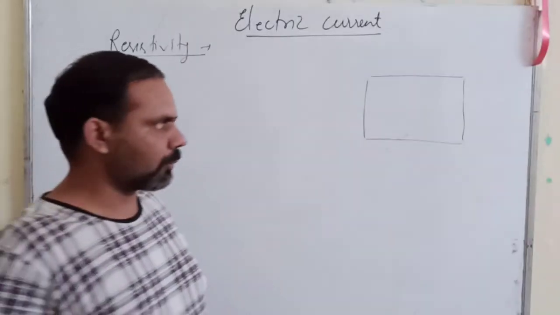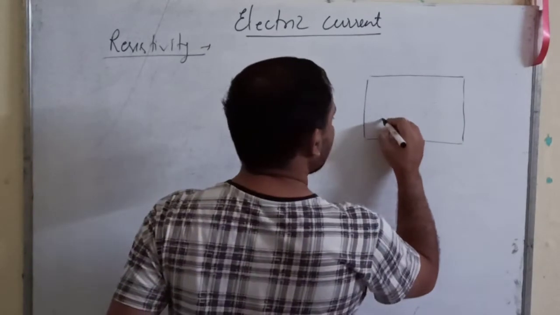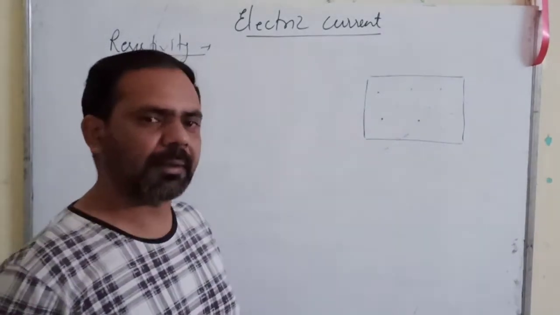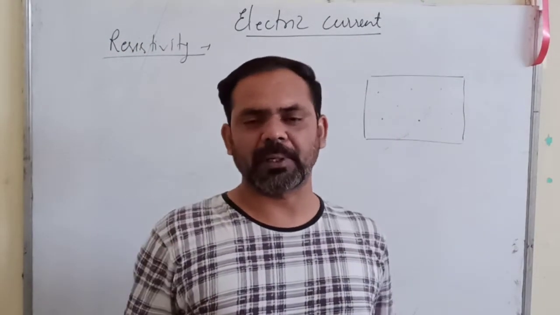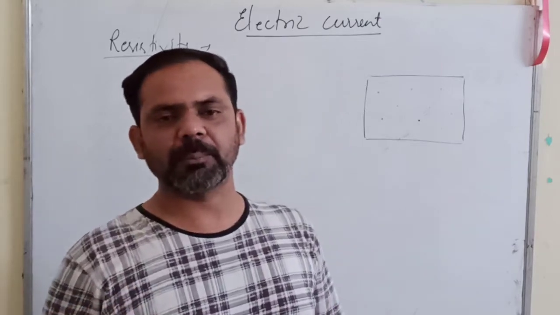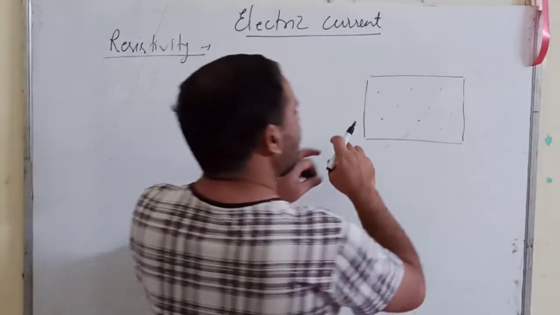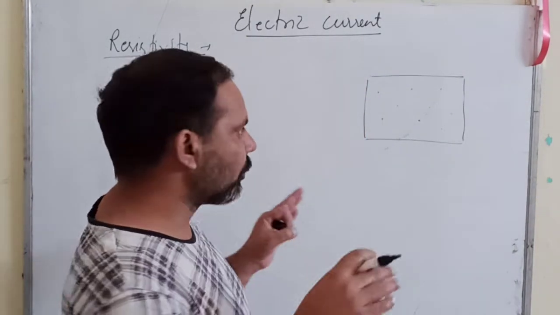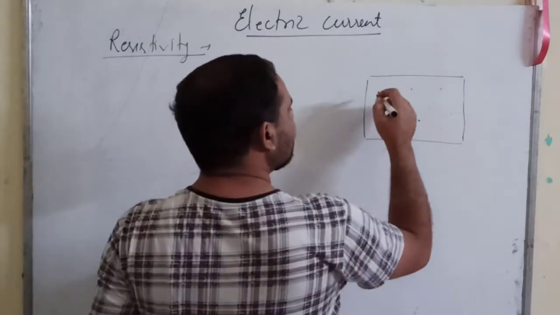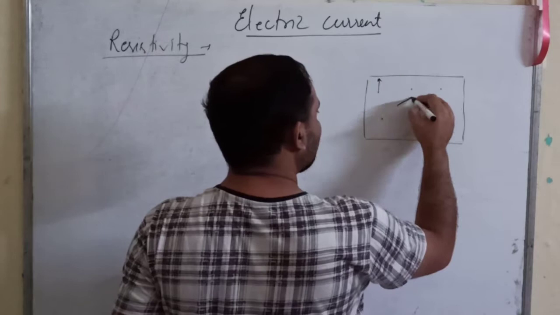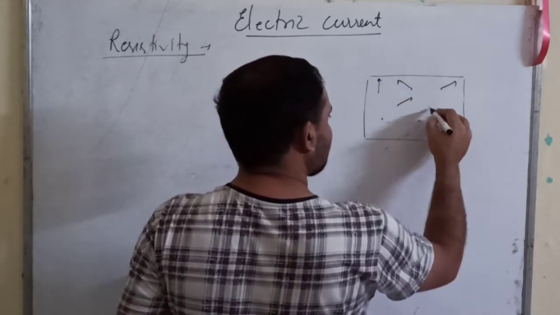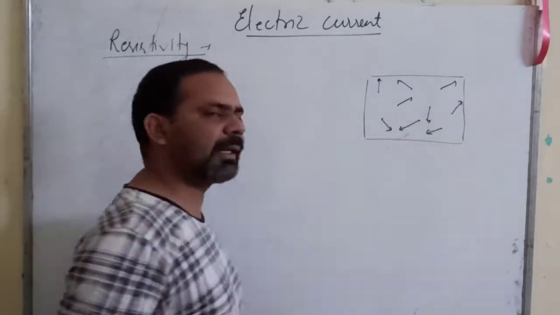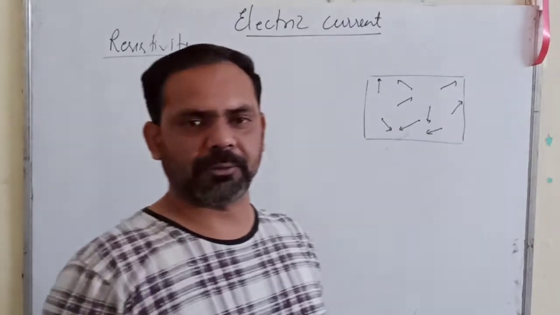It has several charged particles, the free electrons, which can move from one point to another. But when there is no applied electric field, there is no force exerted on the charges, so these free electrons move randomly in different directions.